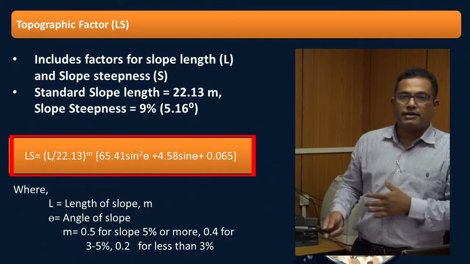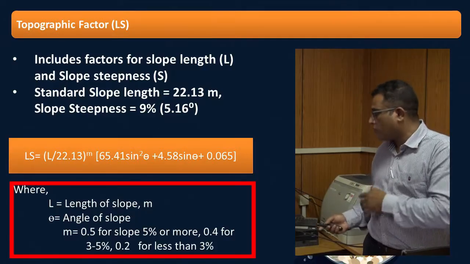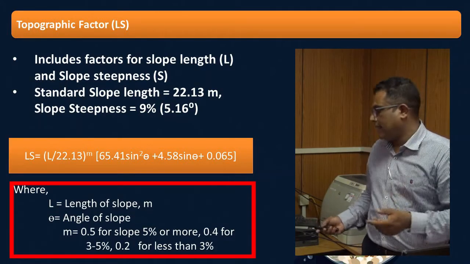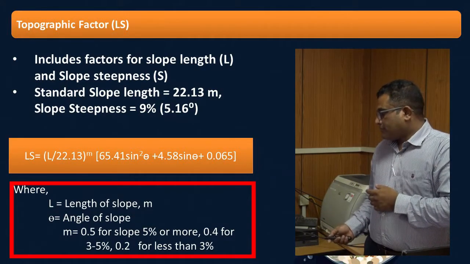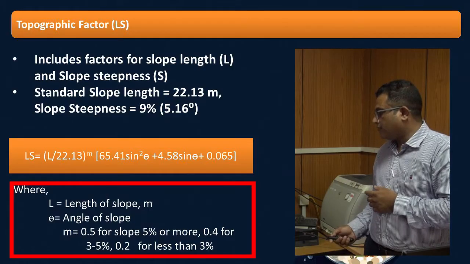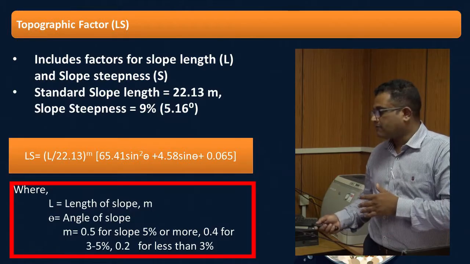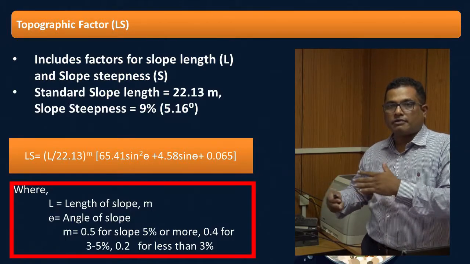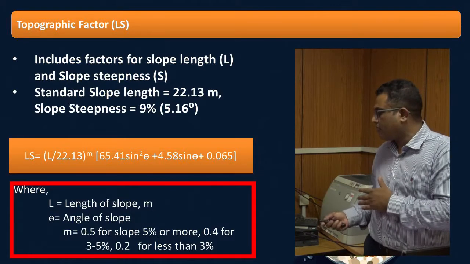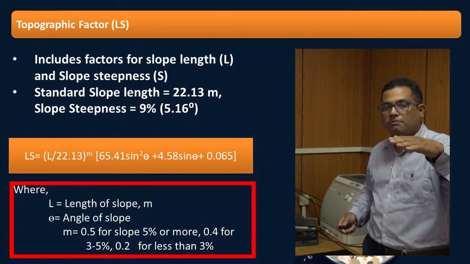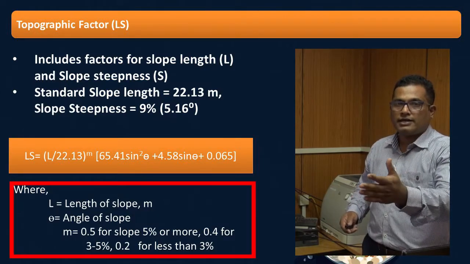This is an empirical relation, through which we can find the value of L and S. This theta is the angle of the slope, and if we have to find the LS for any particular field under question, then we have to find what is the slope of that place and what angle does it make.